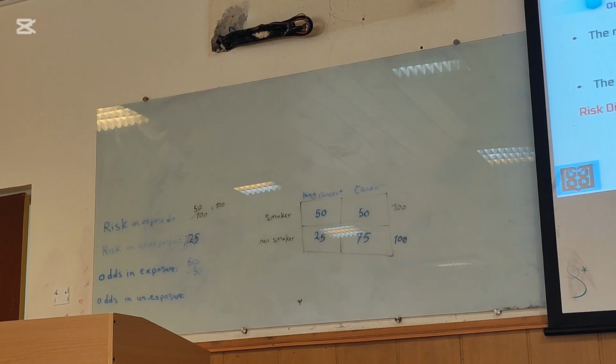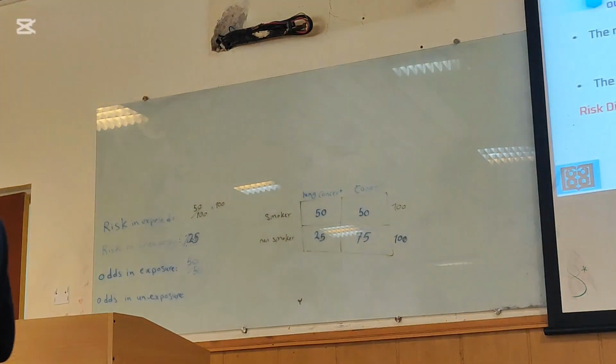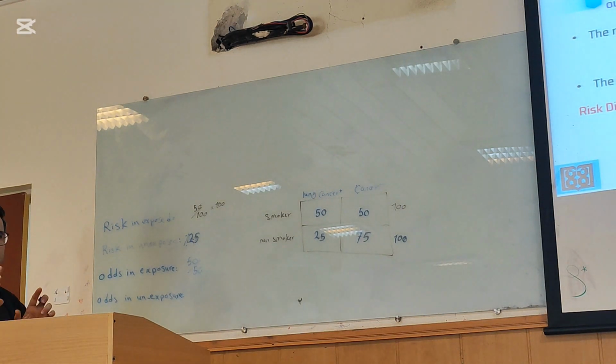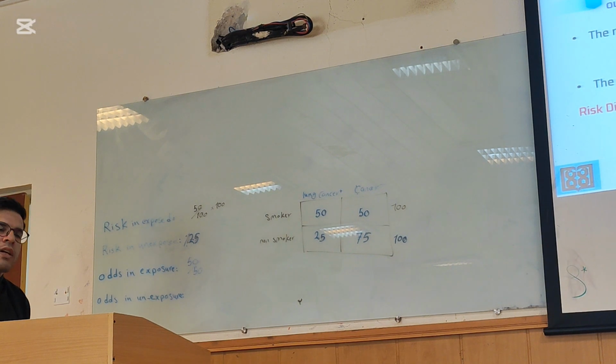It's not a percentage. It doesn't have any unit. You can have, for example, an odds of 1.5, which means those who are exposed are more likely to get cancer than those who are unexposed.